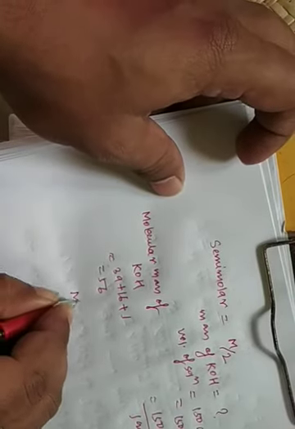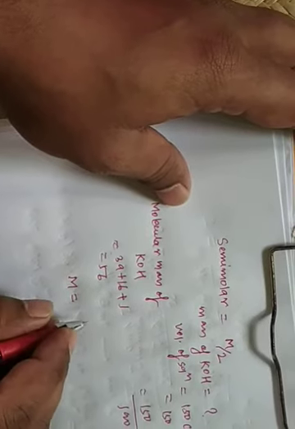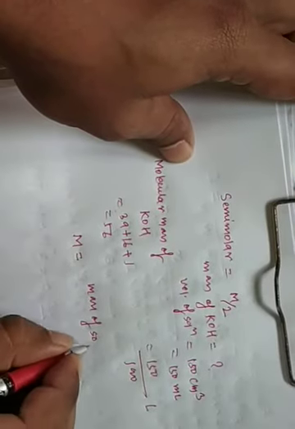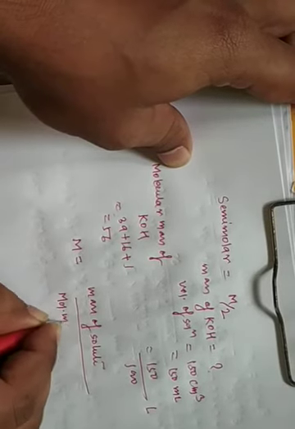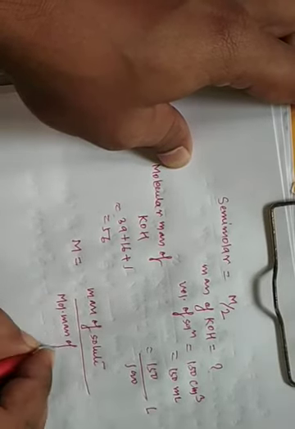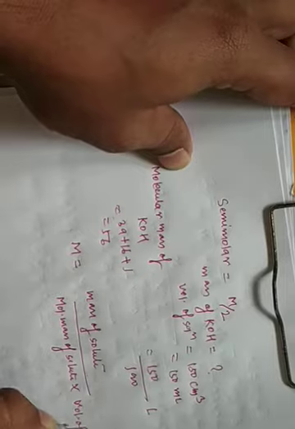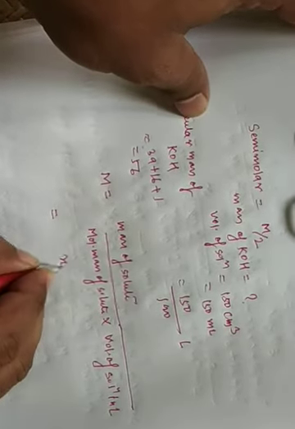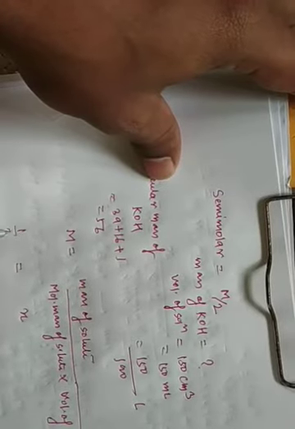So now you find the mass. What is the formula of molarity? Molarity is equal to mass of solute upon molecular mass of solute into volume of solution in liter. So the mass of solute you find, X, and molarity is given. Molarity is semimolar, so 1 by 2.